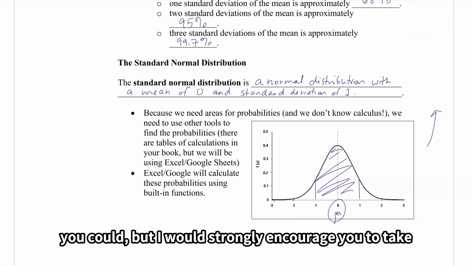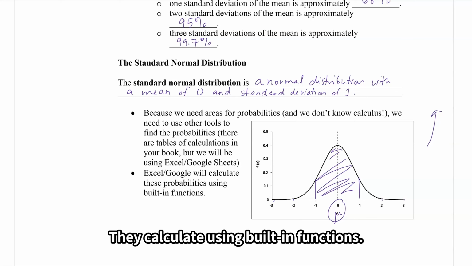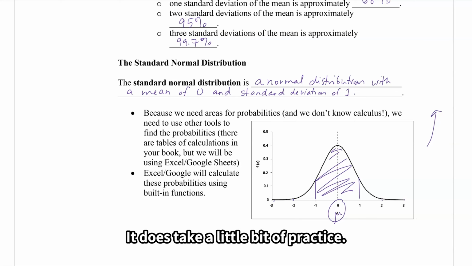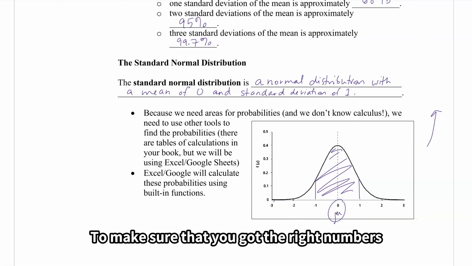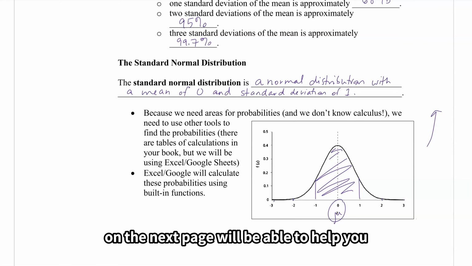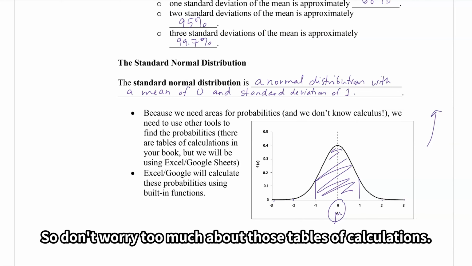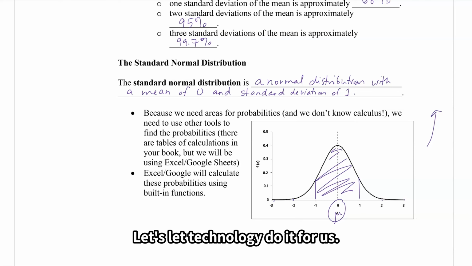But I would strongly encourage you to make use of Excel and Google. They calculate using built-in functions. It does take a little bit of practice to make sure that you've got the right numbers in the right places. But hopefully the breakdown on the next page will help you make sure those numbers are correct. So don't worry too much about those tables of calculations. Let's let technology do it for us.